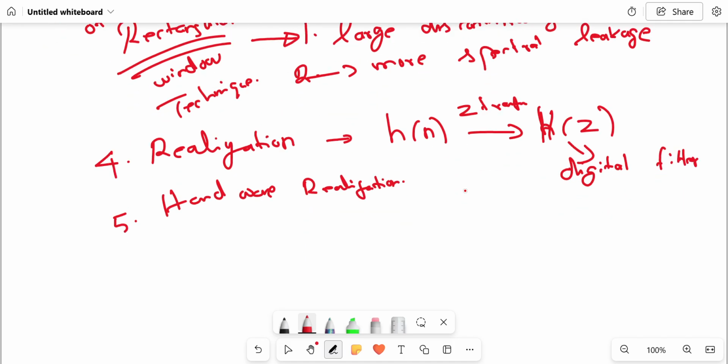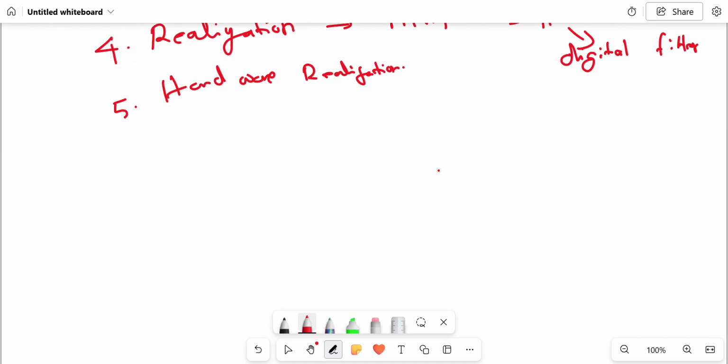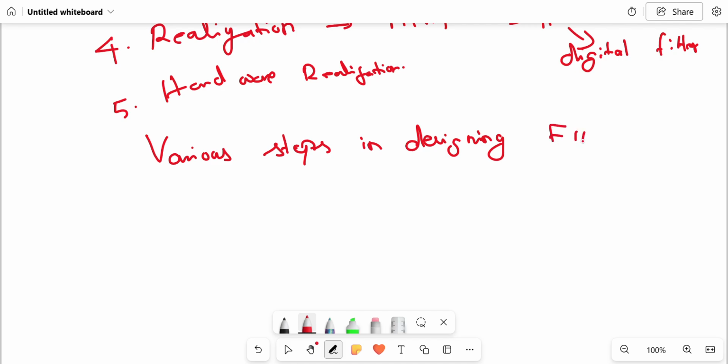So now we can list out the various steps in designing FIR filters.